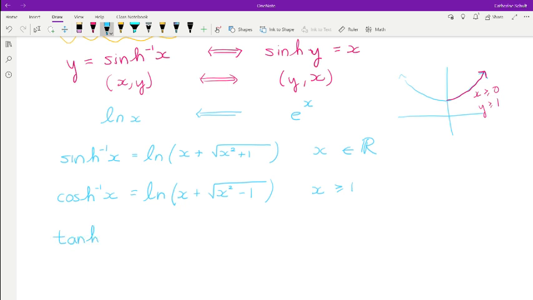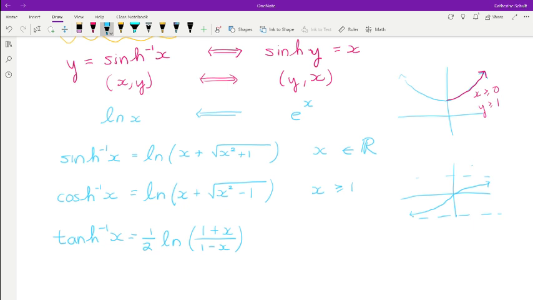And finally, the inverse hyperbolic tangent is equal to the following: 1/2 natural log of (1 plus x) over (1 minus x). All right, and remember the hyperbolic tangent, our range had some limitations, right?